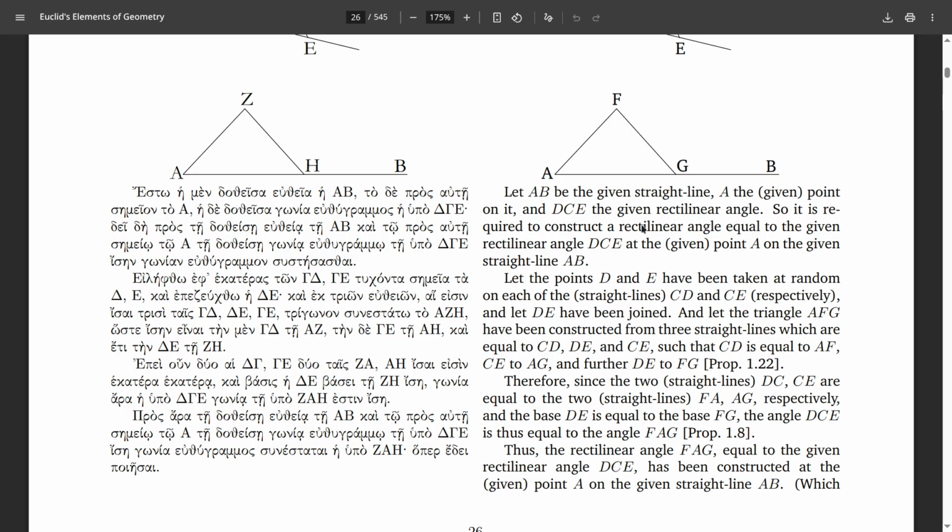There's no reason why it would be, because this is an arbitrary line made with A and B. So obviously that's not gonna equal CE. So we need to make... we did not find where G is supposed to be. There has to only be one point because it's a triangle.